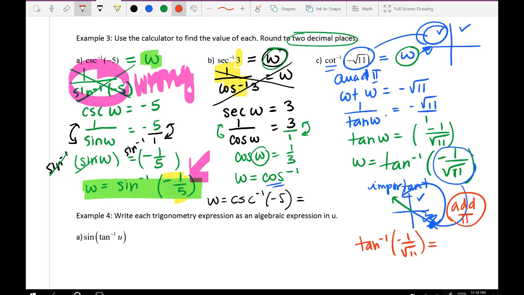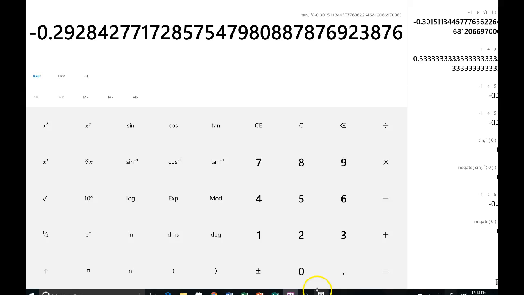So this right here gives me negative 0.29, which we knew is supposed to be in quadrant 4. The important details say I need to add a pi to bring it back to quadrant 2. So go back to my old school calculator and add.